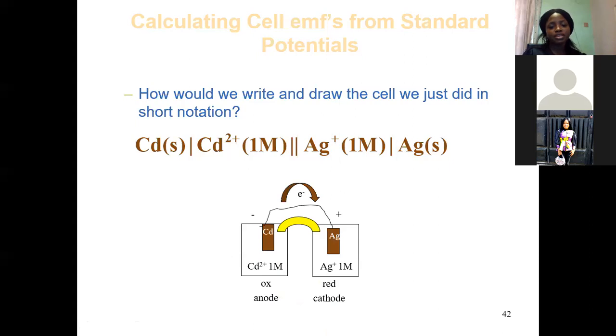I don't think I would ask you for a diagram, but you never can tell. I may ask you just something simple like this: draw the cell and write the cell notation. So I want you to quickly solve this.